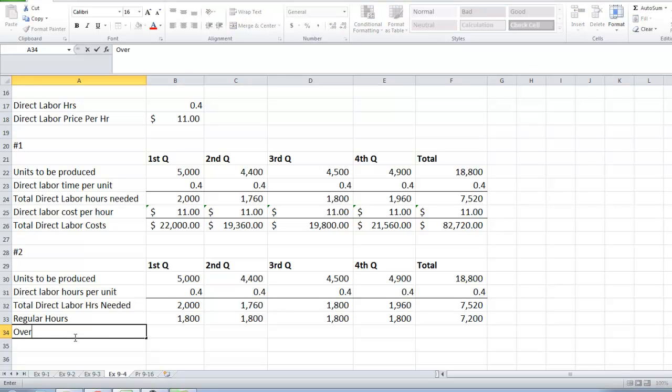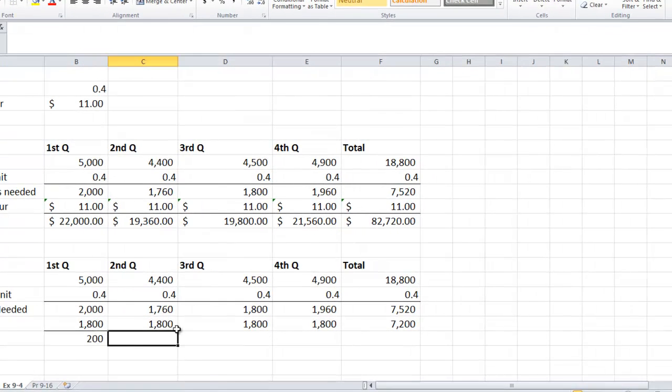Now, we take this and we calculate overtime hours needed. Well, anything over 1,800 hours is overtime. If it's less, we're just going to put a 0.